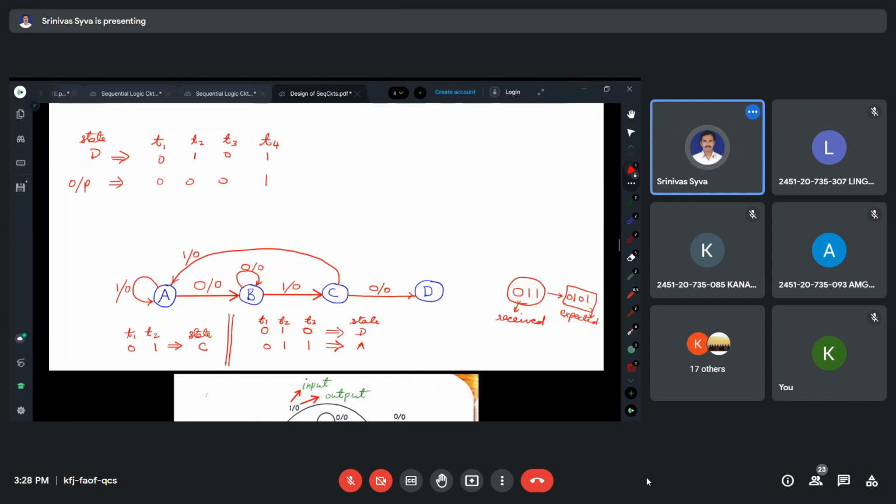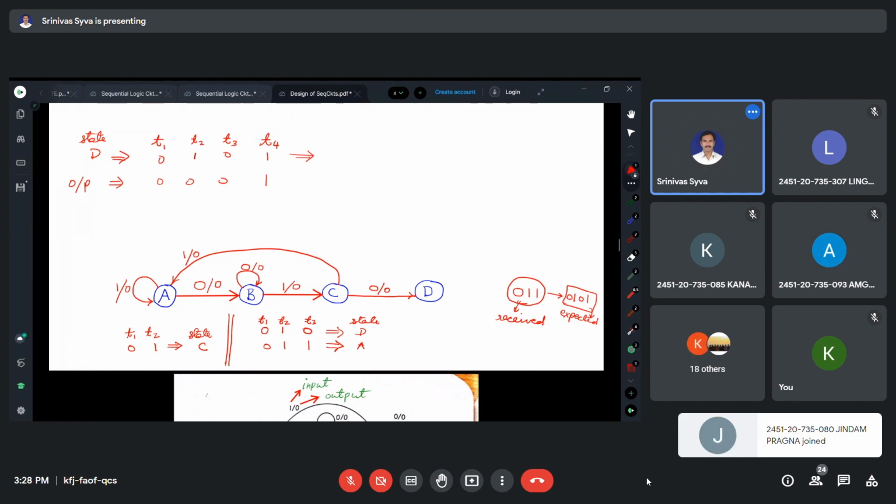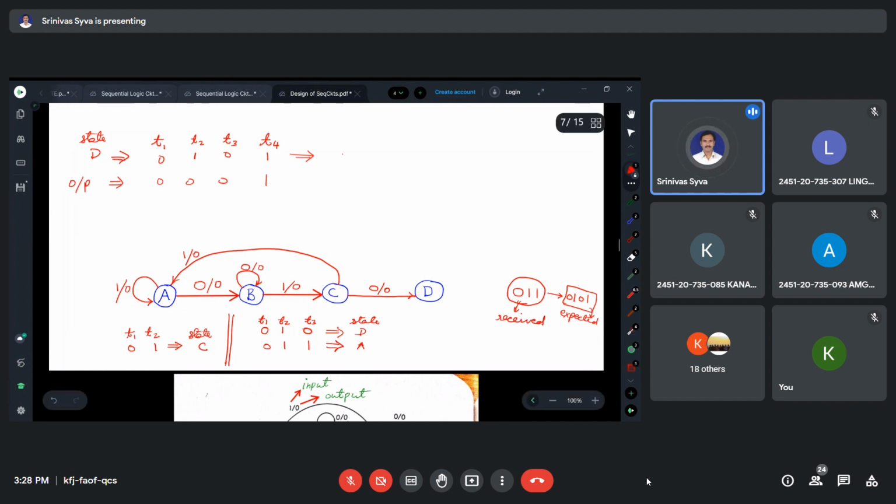But now the machine enters into the next state. Where should it go? It should enter into state C, because when the machine is in the state C, we have received the first 2 bits correctly.